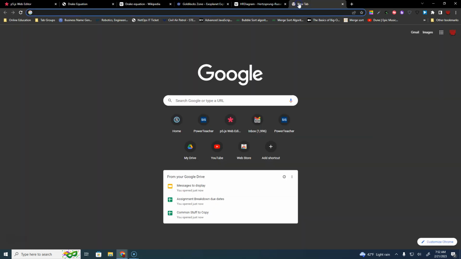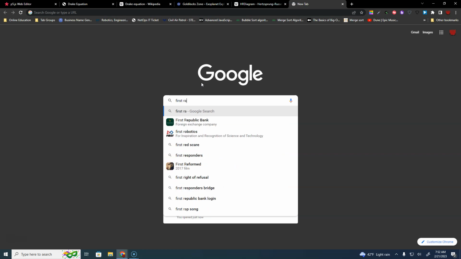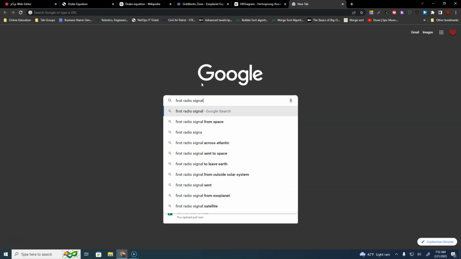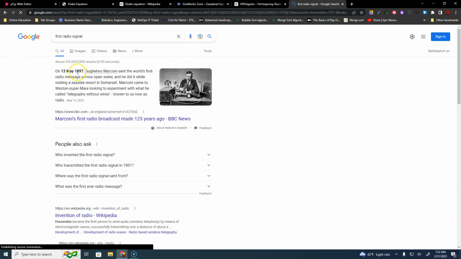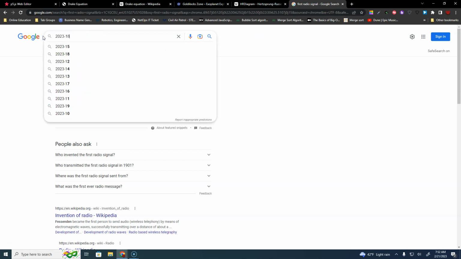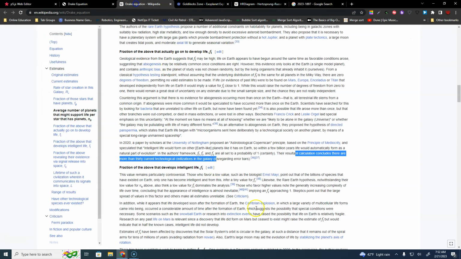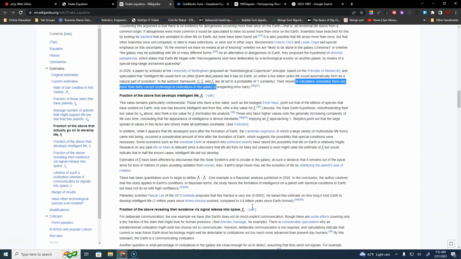If we went and looked just at us as a baseline, first radio signal, we're looking at 1897. Sent the world's first radio message across open water. Okay, so if we did that, 1897, we're looking at 2023 minus 1897. That is 126 years. Now let's see what they got down here.